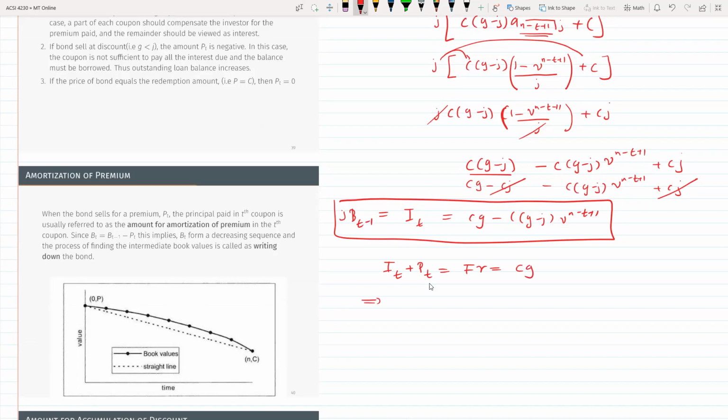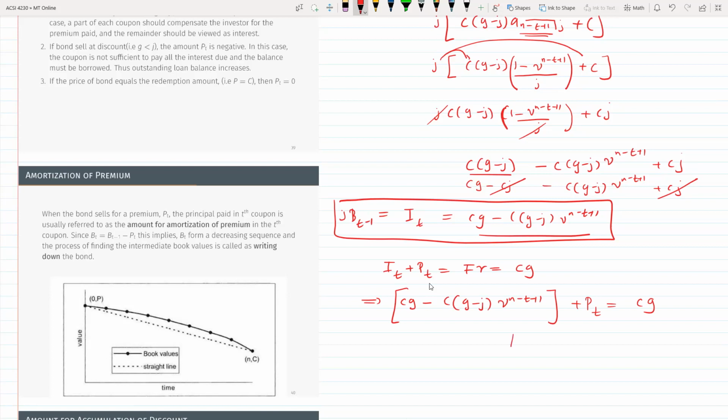From here, using this formula, Cg minus C times (g minus j) v to the N minus T plus 1 is the IT part, plus PT equals Cg.